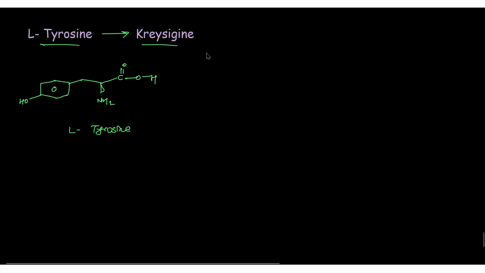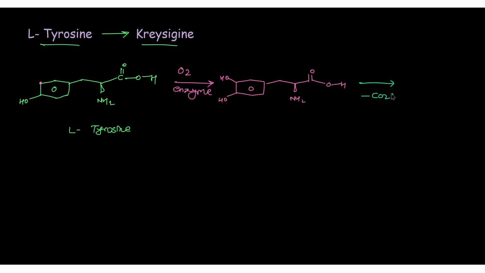Now next we will see the biogenesis of rhoeadine from L-tyrosine. The first structure is L-tyrosine. So in first step, by using O2 and enzyme, oxidation takes place over here. In next step, loss of CO2 takes place and we get dopamine.